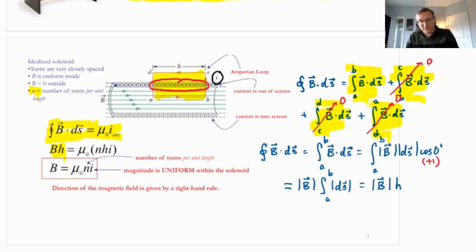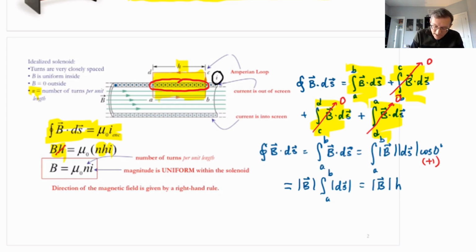So if there are little n turns per unit length this way, then all I need to know is how long the Amperian loop is this way. Well, that length is h. So the total number of windings inside the loop is little n times h. And I multiply that by the current I in each winding, and so little n times h times I is the total current enclosed. Multiply all that by mu 0, and I have Ampere's law.